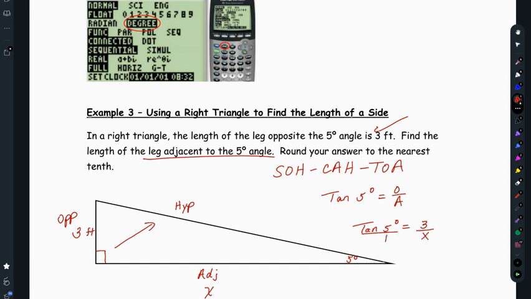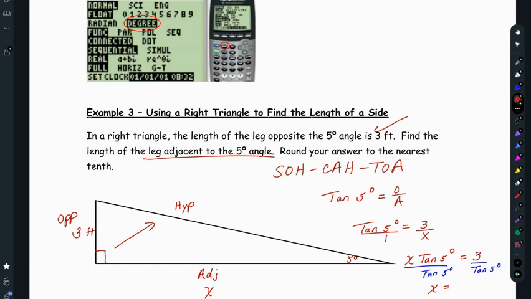And we're going to cross multiply, so we're going to end up with x times tangent of 5 degrees equals 1 times 3, or I'm just going to write 3. And in order to solve for x, we're going to divide both sides by the tangent of 5 degrees. And now it's really easy to solve for x using our calculator.